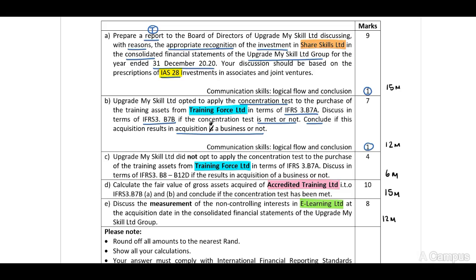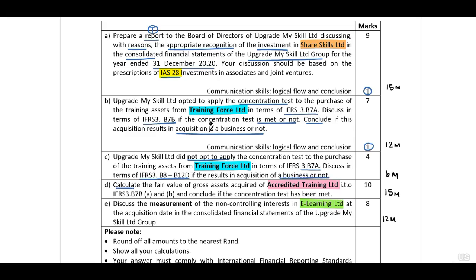C, Upgrade My Skills Limited did not opt to apply the concentration test to the purchase of training assets from Training Force Limited in terms of IFRS 3 B7A. Discuss in terms of IFRS 3 B8 to B12D if the results in acquisition of a business or not.